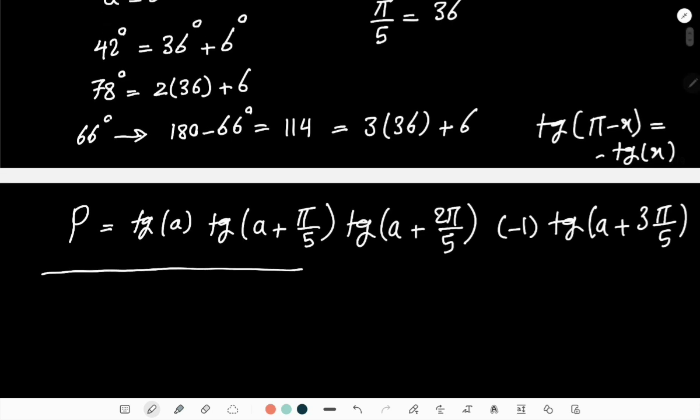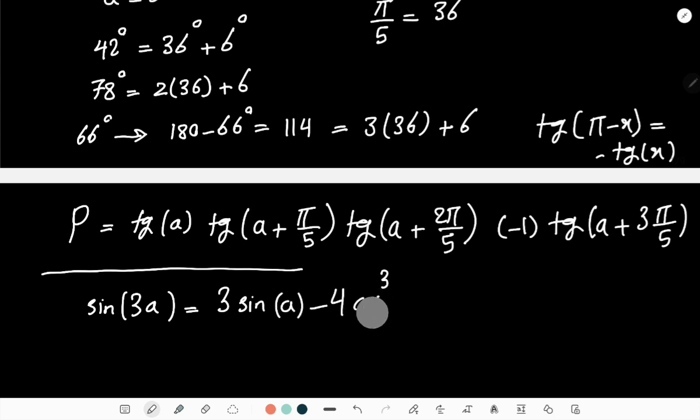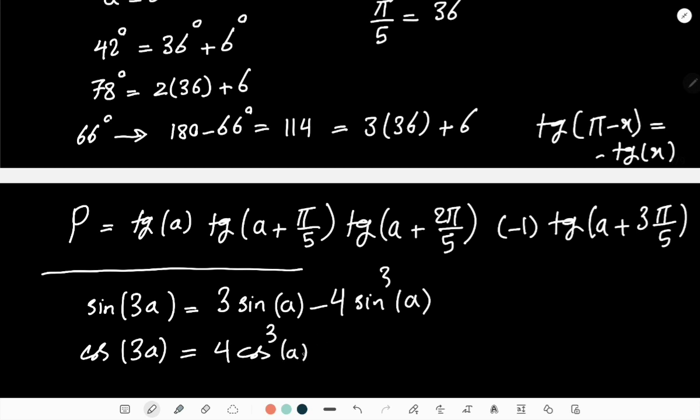I hope that you all know that sine of 3a can be written as 3 sine of a minus 4 sine cubed of a, okay? And also cosine of 3a can be written as 4 cosine cubed of a minus 3 cosine of a, okay?